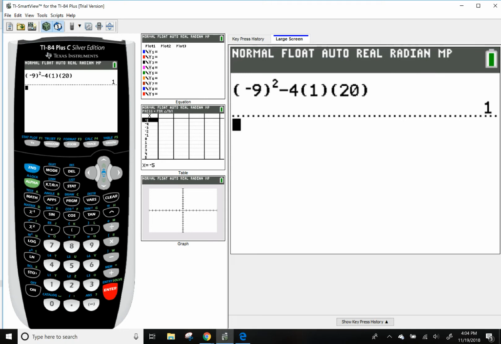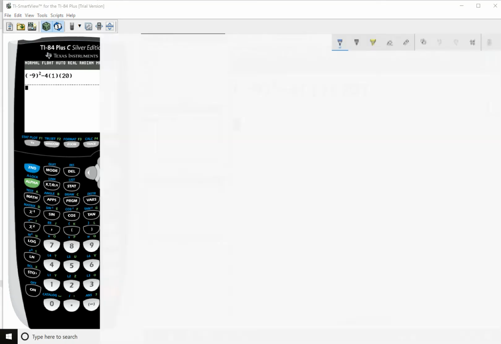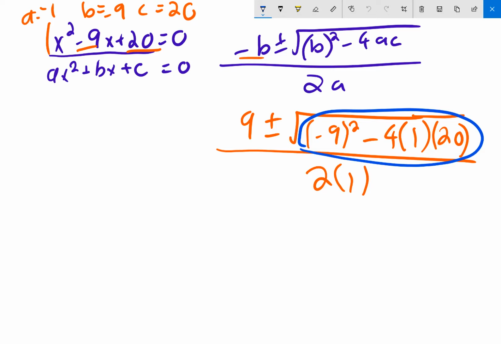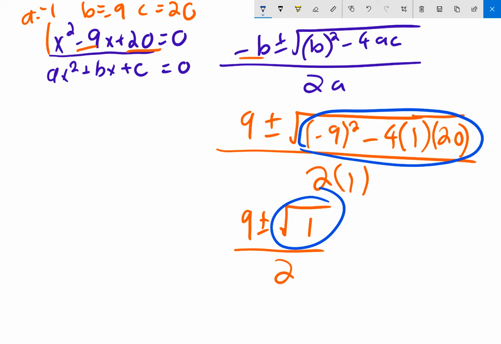So back to my problem. Everything that's inside the radical sign, I have 9 plus minus, I'll go back to using the orange. I still have 9 plus minus, but inside the square root, all of that just became 1. And then 2 times 1 at the bottom is 2. So now the question is, can I simplify the square root of 1? What can I do with that? And that's true, I can.